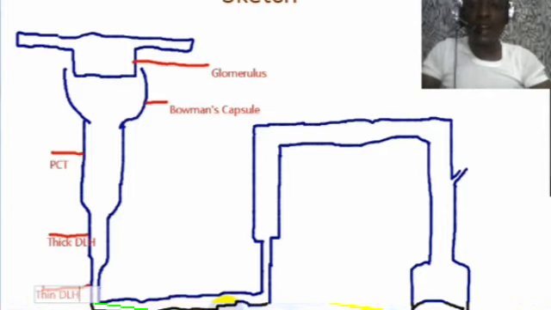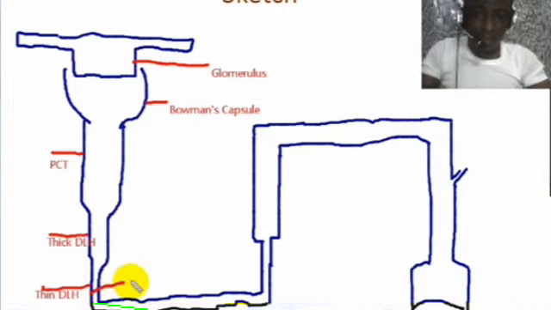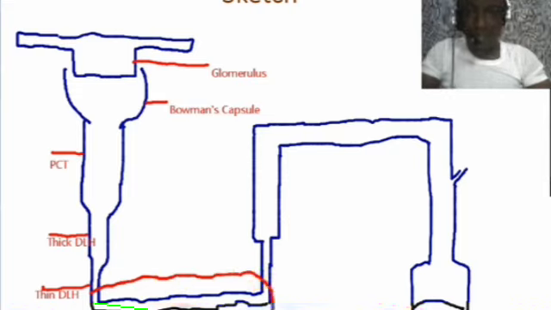I hope you're following. From this part down to the whole of this part is known as the hairpin bend. The hairpin bend connects the descending and the ascending loops of Henle.